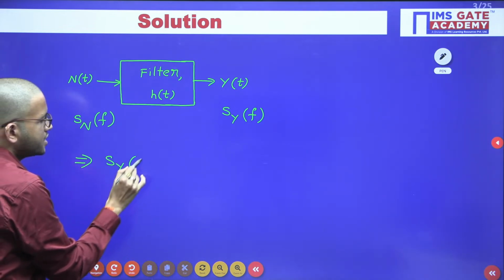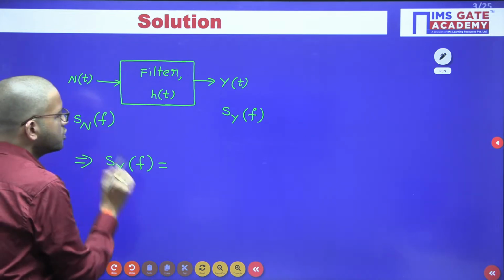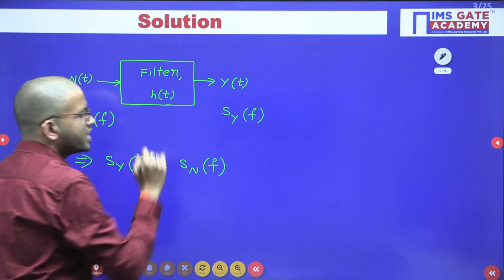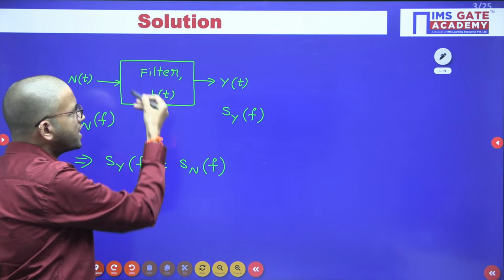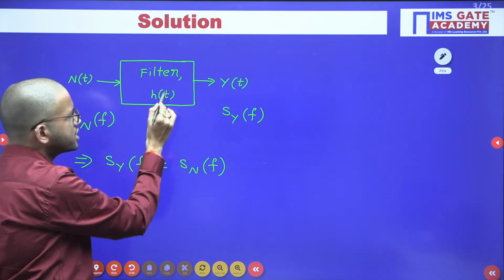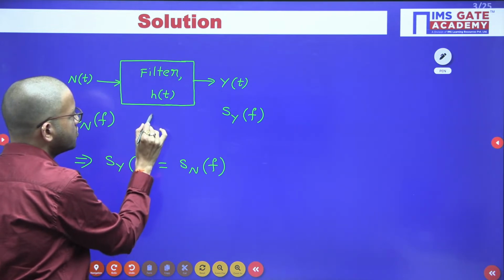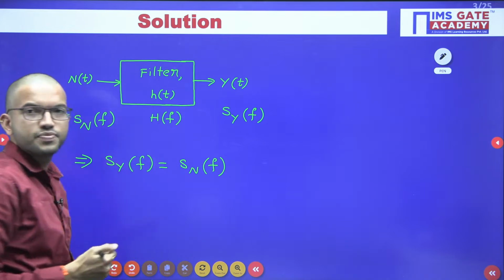Output power spectral density is equal to the input power spectral density, in this case that of the white noise, S n of f, into, regarding this filter, the impulse response h of t. The Fourier transform of that gives you the transfer function, capital H of f.